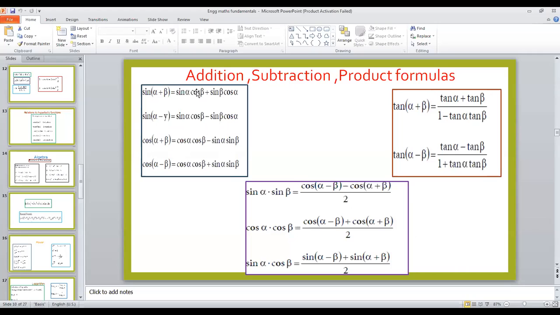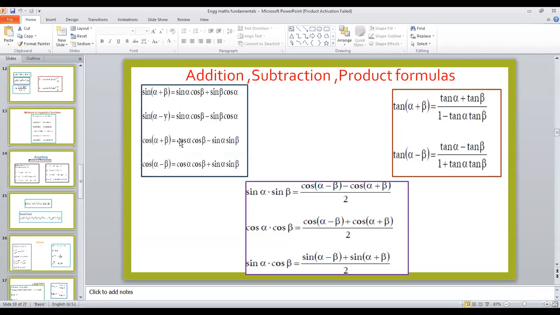See here, when you take the last two formulas and subtract the last from the second last, from cos of alpha minus beta minus cos of alpha plus beta, you will get sin alpha sin beta is cos alpha minus beta minus cos of alpha plus beta upon 2.